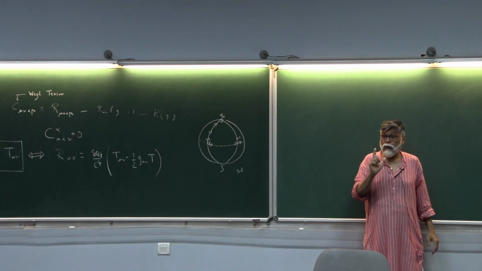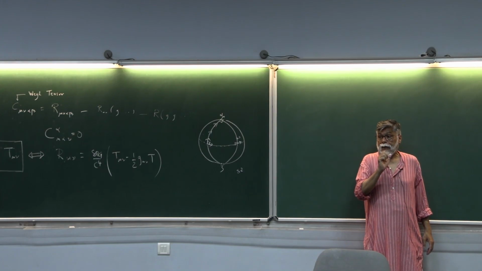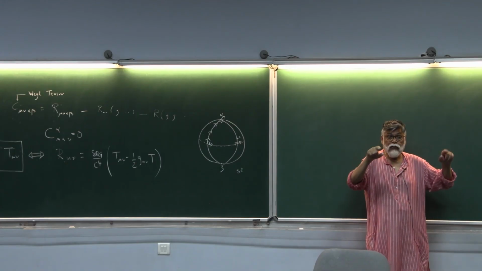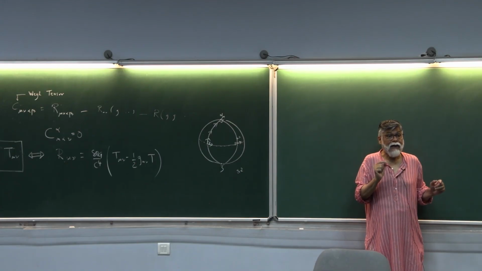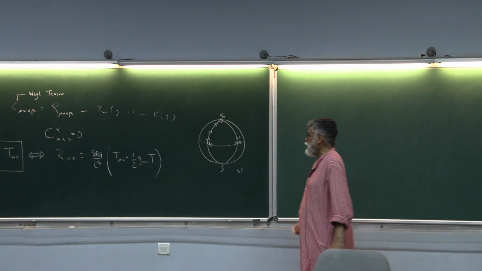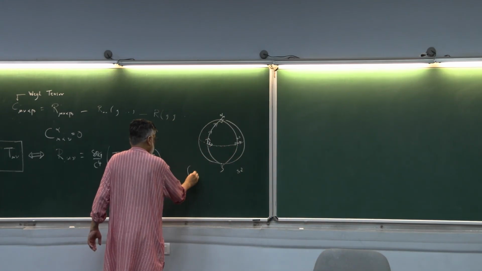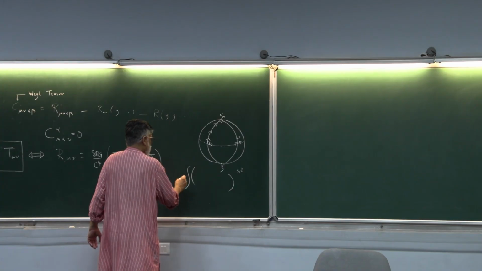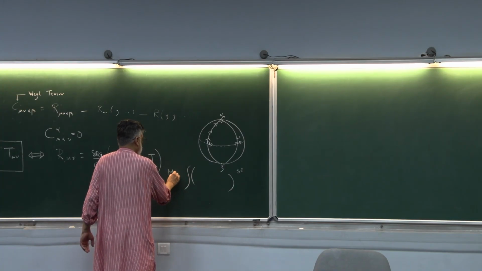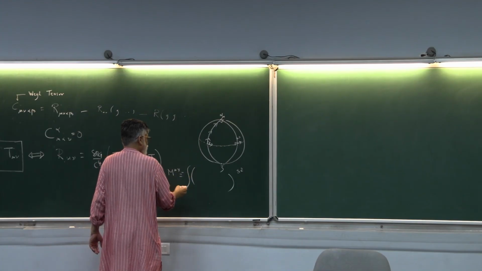Now you can prove that your energy momentum tensor T mu nu better be symmetric if you want angular momentum to be conserved. I will not prove it. So angular momentum conservation, because how do you define angular momentum? So angular momentum is defined, M mu nu angular momentum tensor.